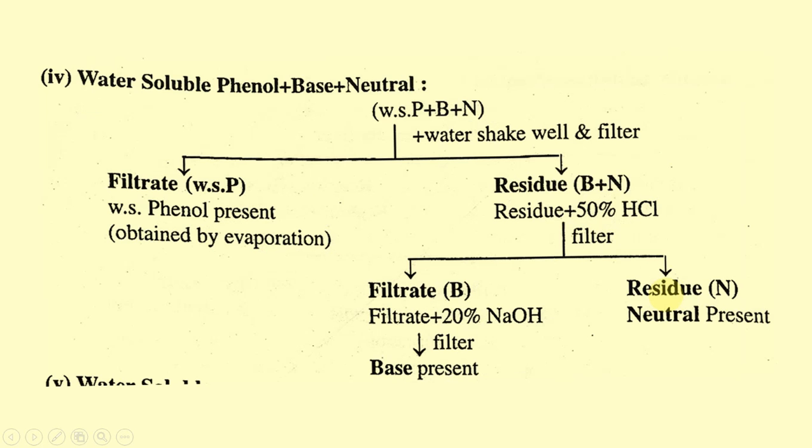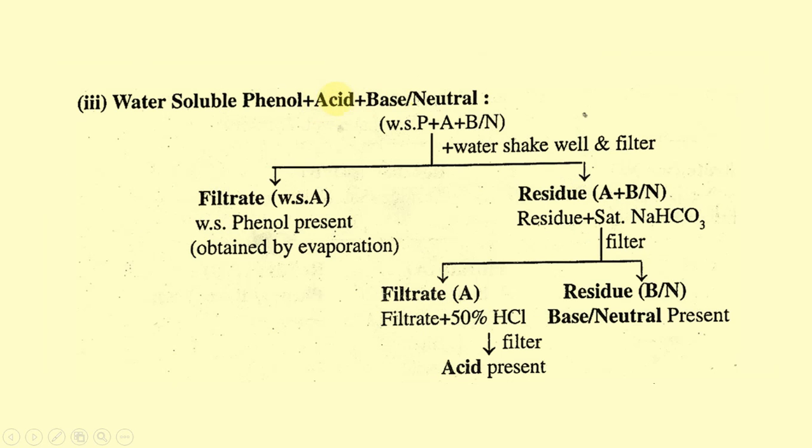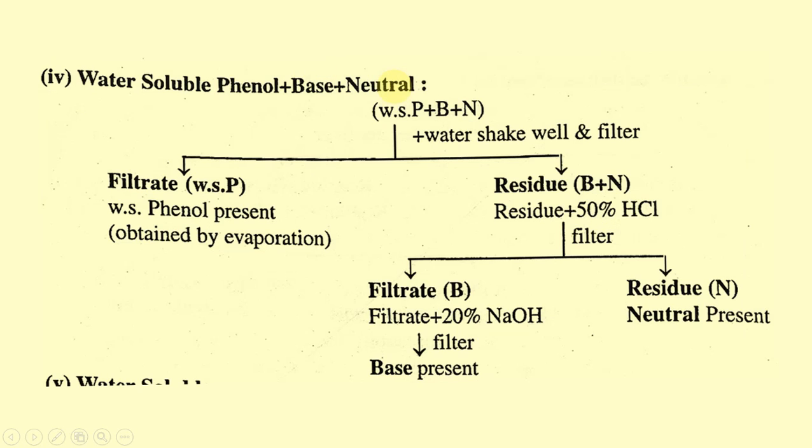Same way, water soluble phenol, base and neutral: the acid is cancelled, so this is the acid and this is the base and neutral. So we don't add the bicarbonate. Shake well, filter; the same process, and the change is the residue is base and neutral. First is the separation of the base, and last is the neutral.